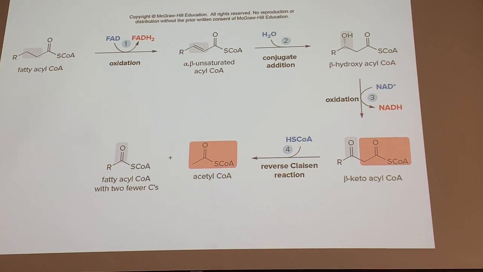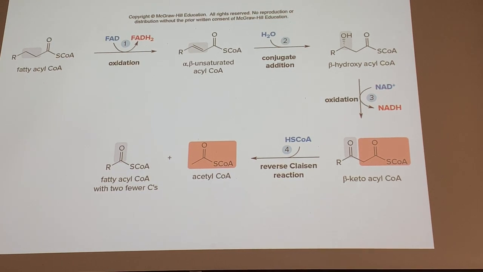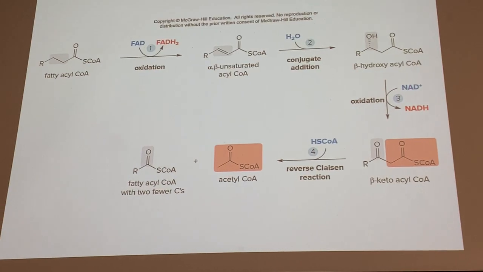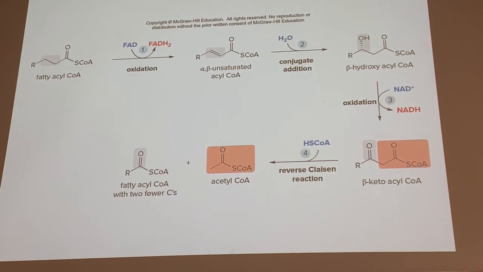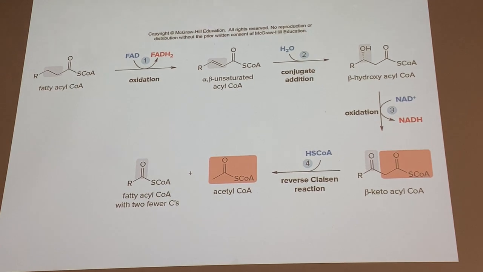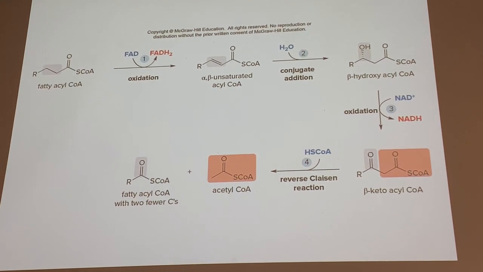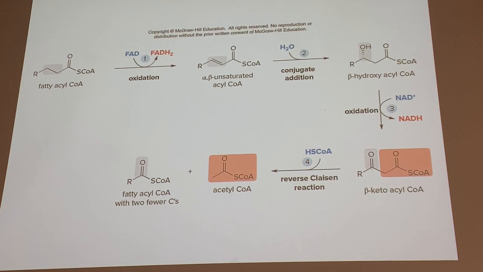And then once that thioester is formed, it gets chopped up 2 carbons at a time by the beta oxidation pathway, generating acetyl coenzyme A. Each cycle of the beta oxidation pathway will yield 1 molecule of acetyl coenzyme A and a fatty acyl coenzyme A derivative, another thioester that will have 2 fewer carbons than the original one.